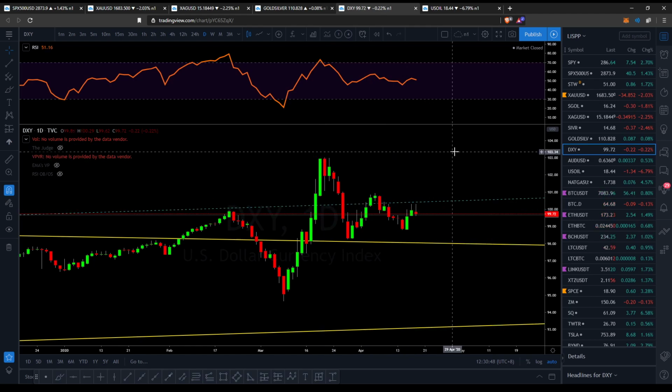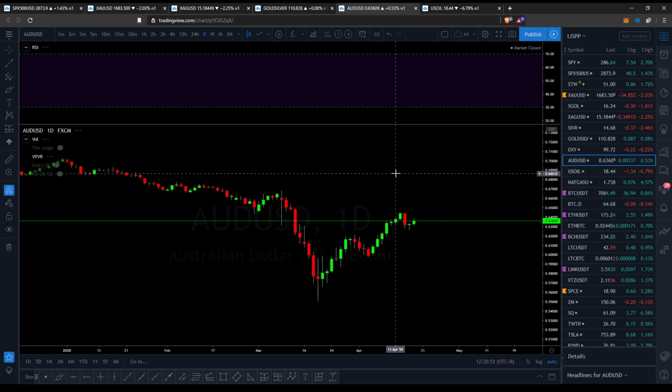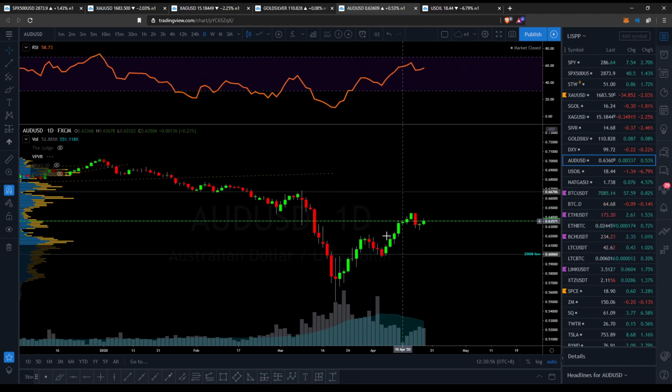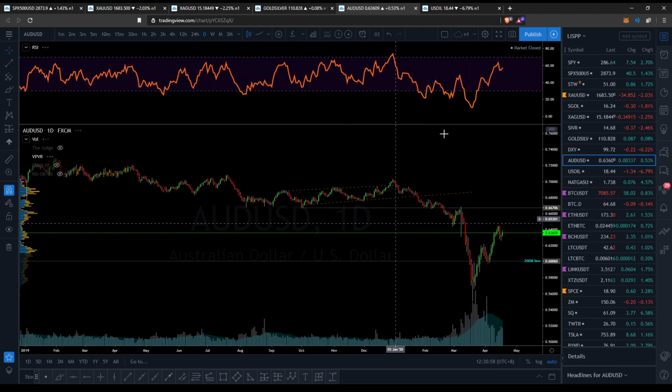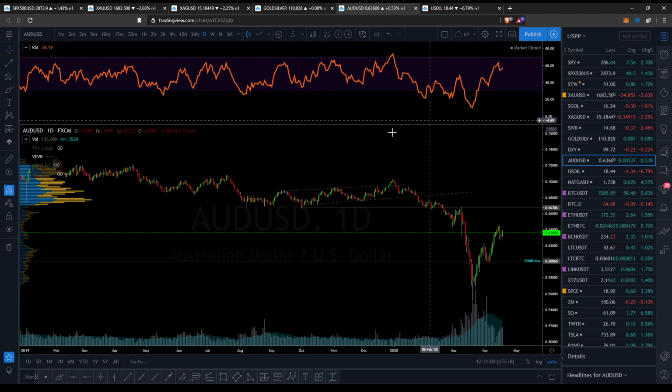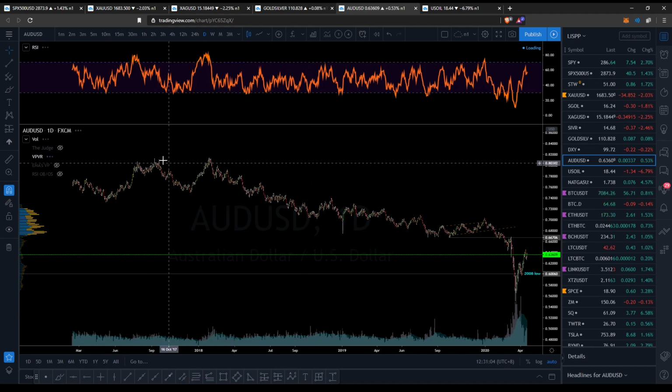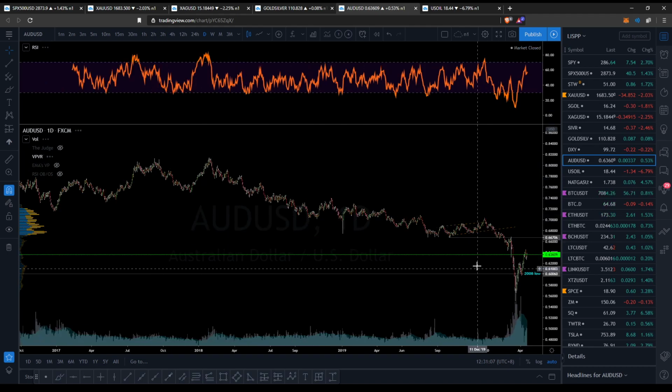American dollar, that is. You don't want to hold the Australian dollar. I wouldn't think so, because the Australian dollar, look at it, it's having a nice bounce here, but that's because it got so oversold. But you can see it's been going down this whole time.